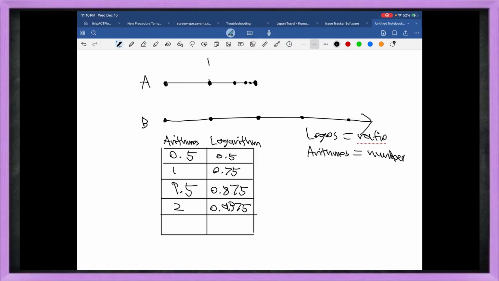What Napier actually measured was the distance to the end up here, and from here he measured the distance from the start.